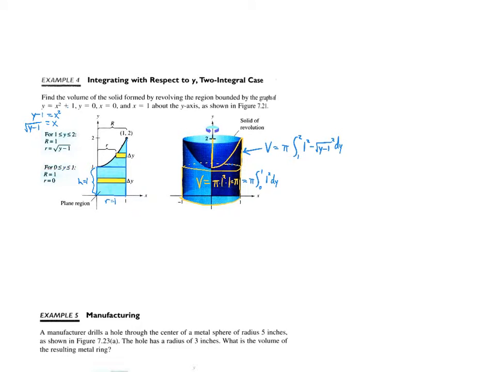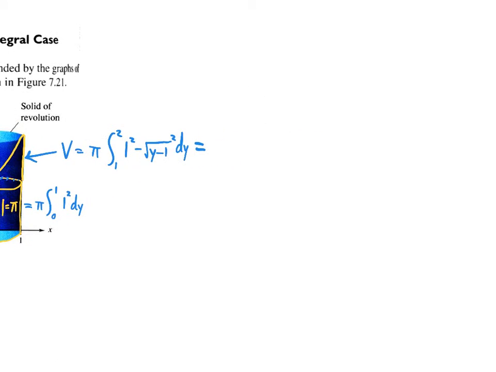So now we can simplify. Our volume is pi times the integral from 1 to 2 of the square undoes the square root, and I have a 1 minus negative 1, so those cancel, and I just have a negative y squared dy. Wait, a 1 minus negative 1 does not become 2. Wait.